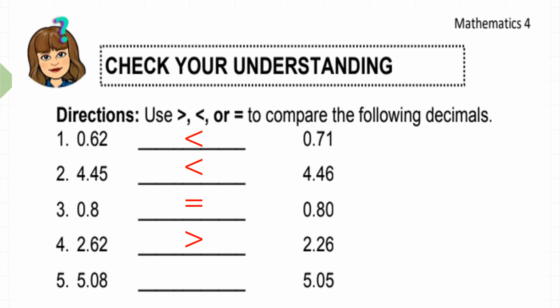Now, last number, 5 and 8 hundredths compared to 5 and 5 hundredths. Which one is the biggest? Okay, so the correct symbol is greater than. So 5 and 8 hundredths is greater than 5 and 5 hundredths.